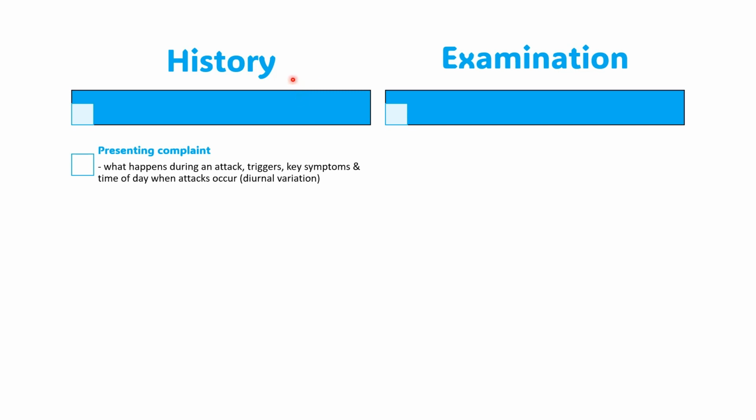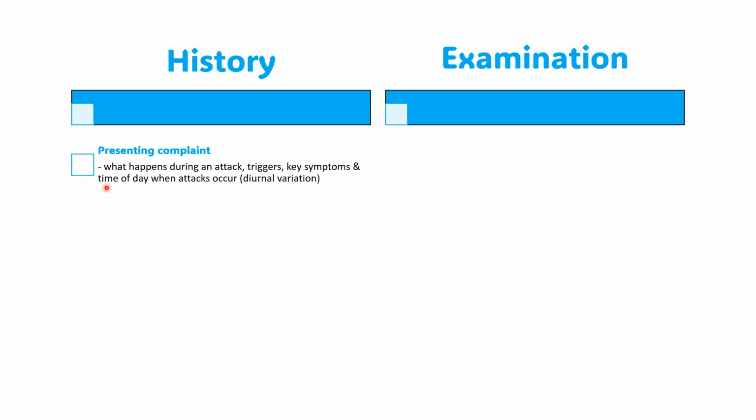Okay, so in the presenting complaint, we want to talk about what happens during an attack, trying to think about if the patient can think of any triggers in particular or what they were doing at the time, other key respiratory symptoms, and what time of day the attacks occur.